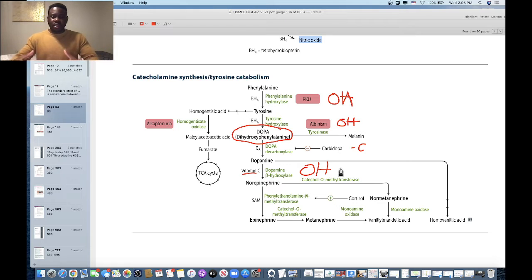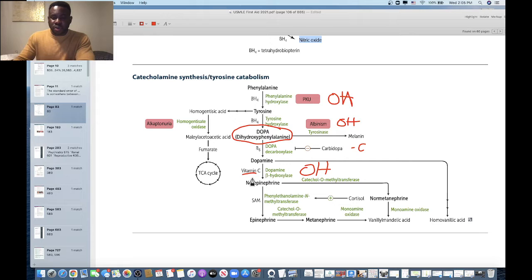We are just playing with all these atoms and compounds, changing their structure in space, and then we are getting different stuff. So dopamine, we add OH to it, and then we get norepinephrine. They call it beta hydroxylase because we are adding the OH to the beta carbon, and it's mediated by vitamin C.